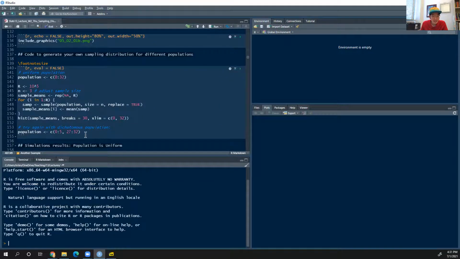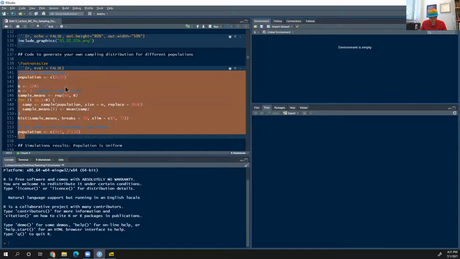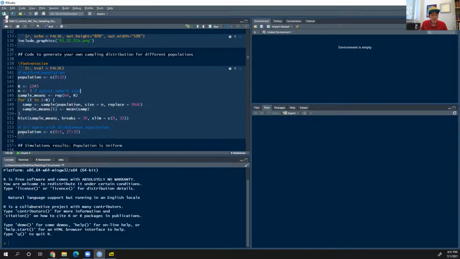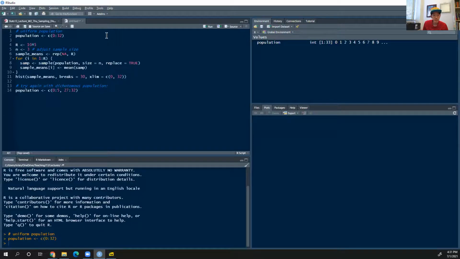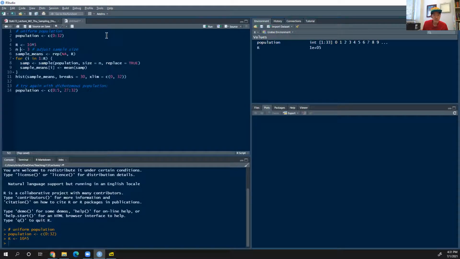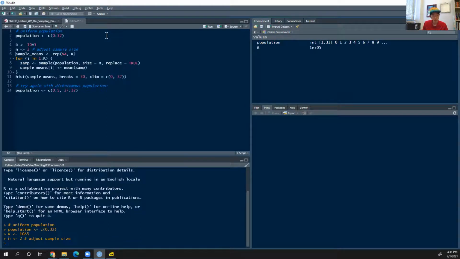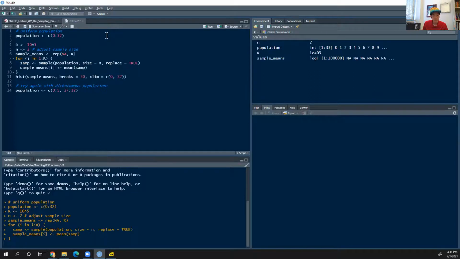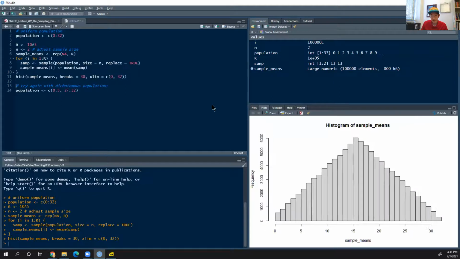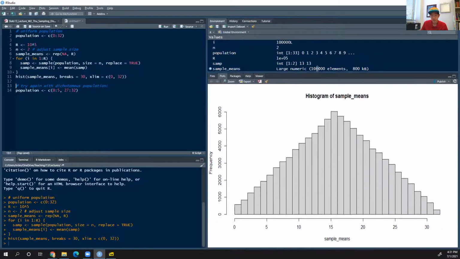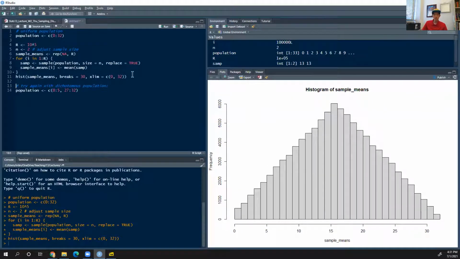All right, let's run this. Okay, so we're going to create a uniform population. I'll start off with samples of size 2. And here's the resulting sampling distribution. These are all the sampling means, and we get this triangle, okay?